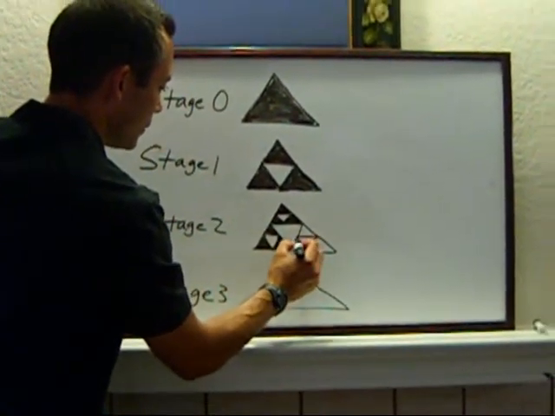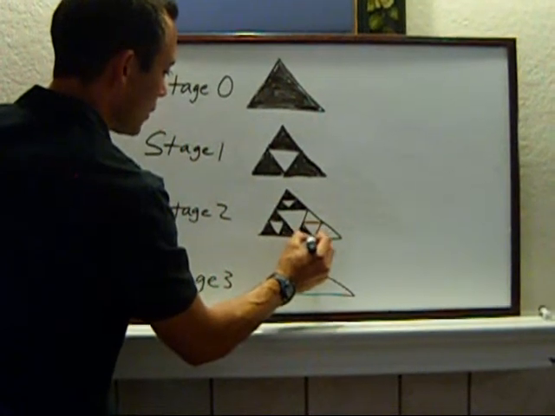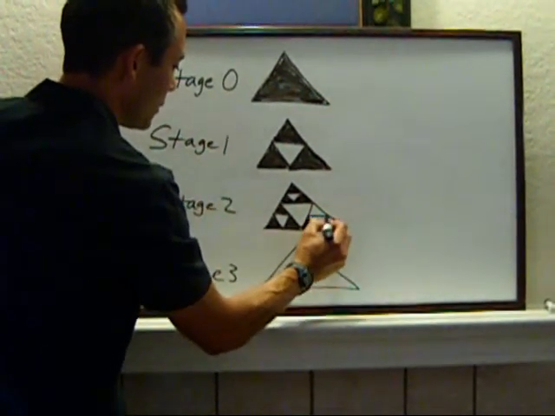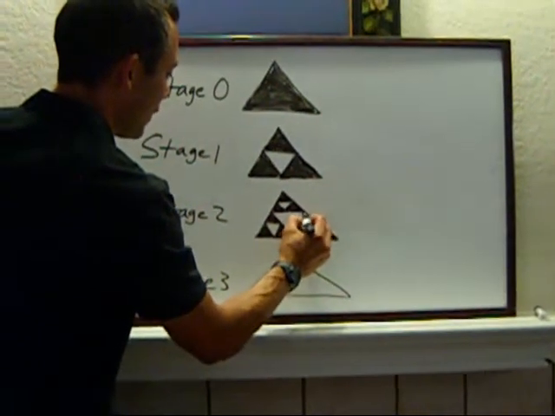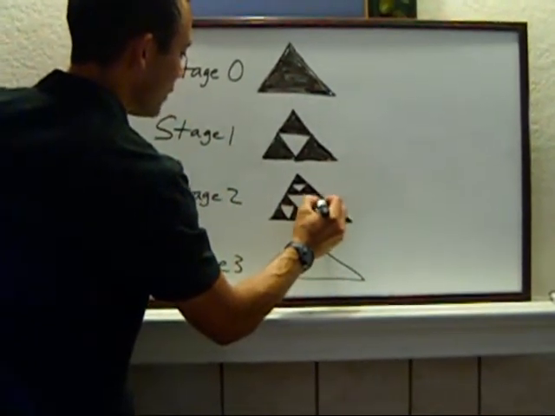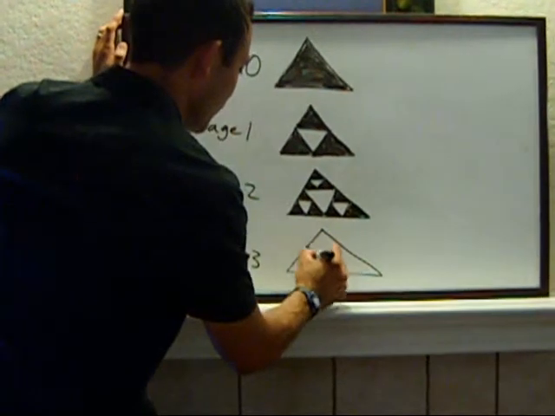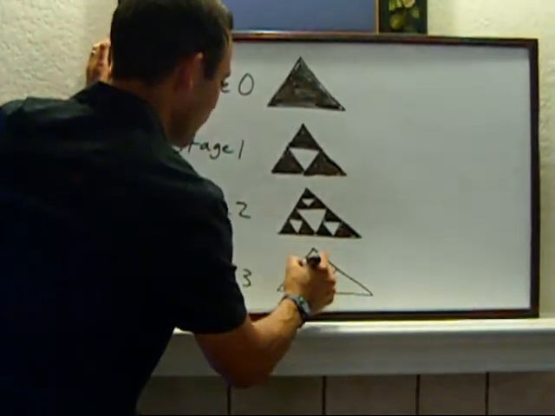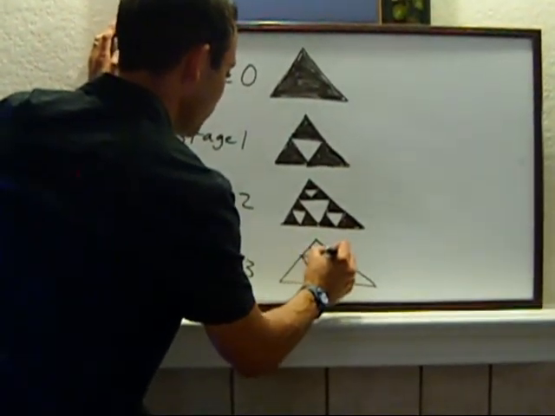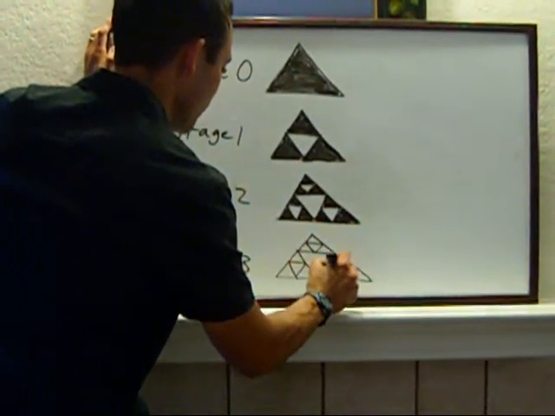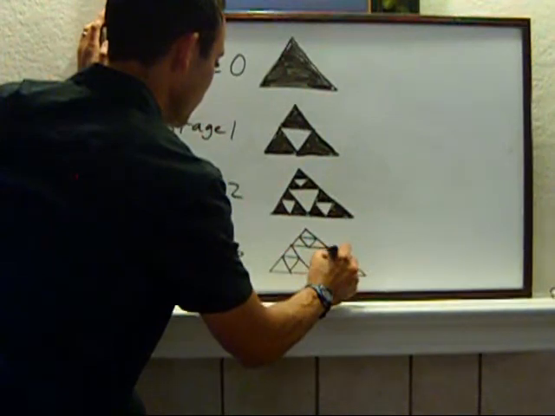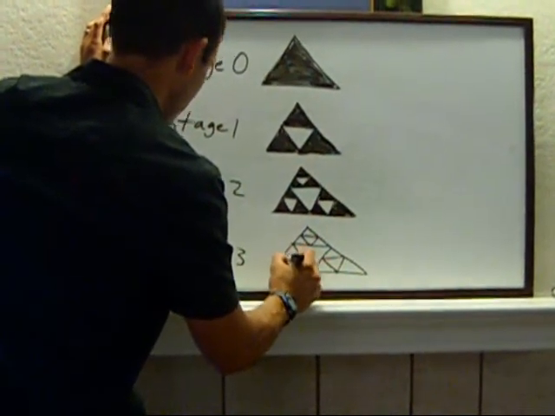Okay. Fill this in, and then we've got one more to go, and it's going to be the next stage. Okay. And kind of get the idea here of what we're doing. And let's see.